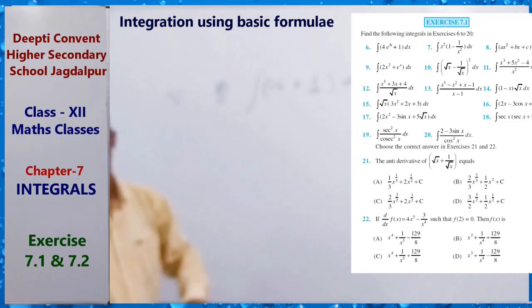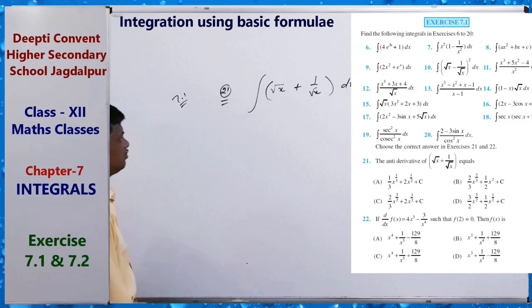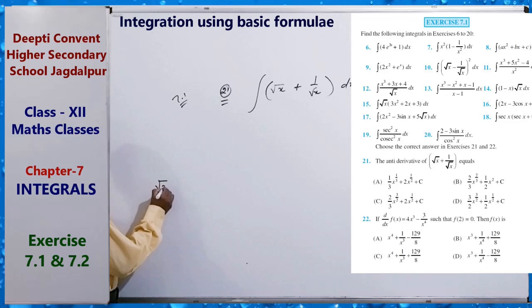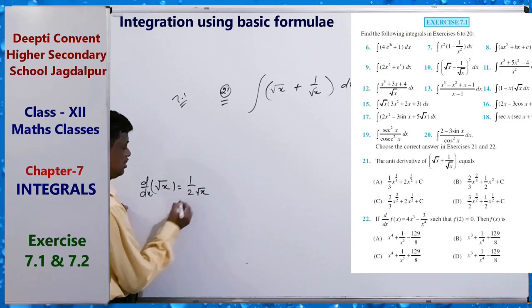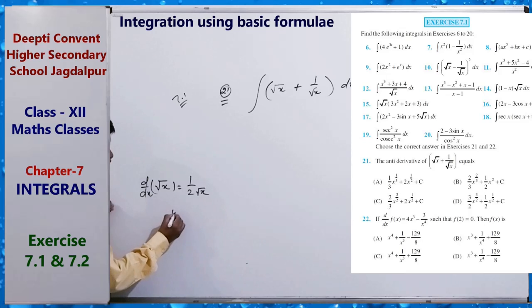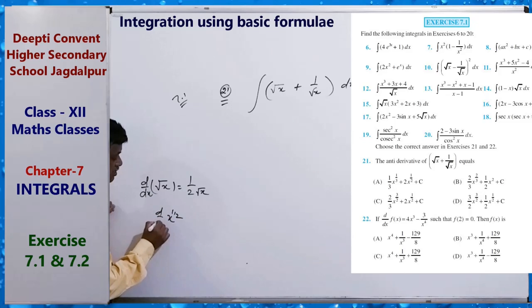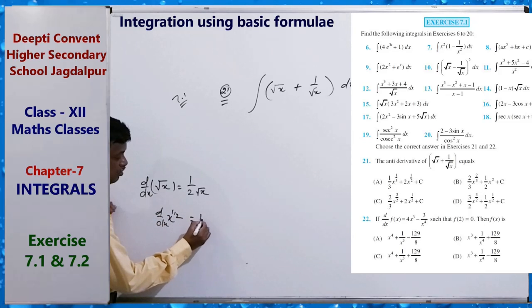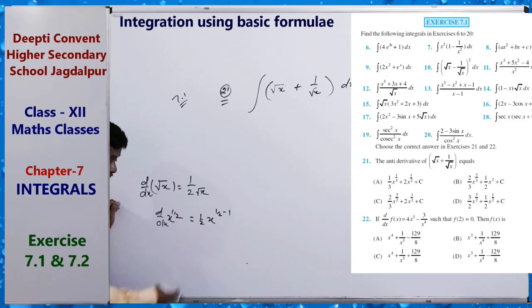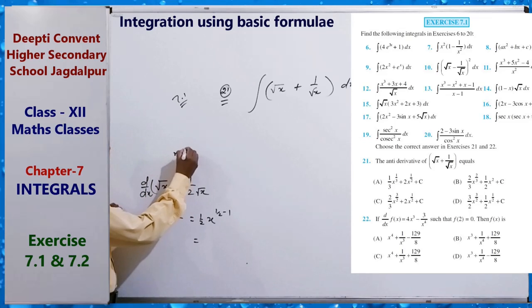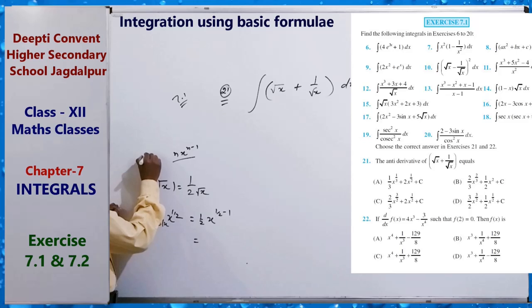So you can also find it. Remember always, the derivative of root x is 1 upon 2 root x. How? For x to the power 1 by 2, dy by dx equals 1 by 2 x to the power 1 by 2 minus 1, using the formula that the derivative of x to the power n is n x to the power n minus 1.